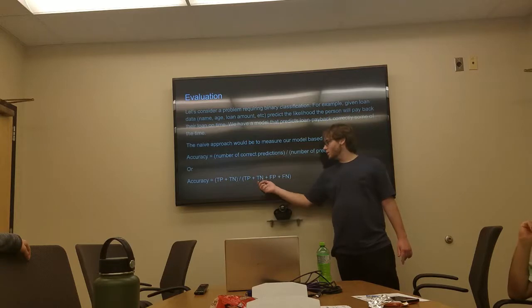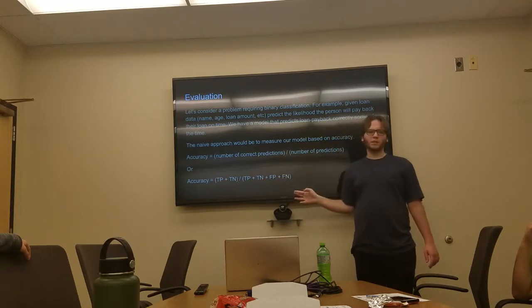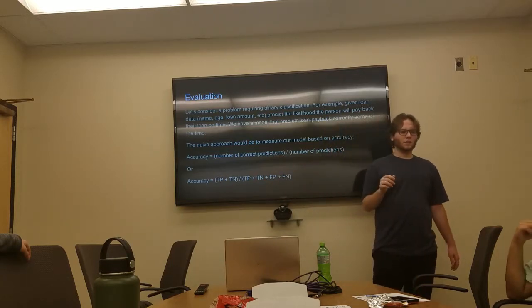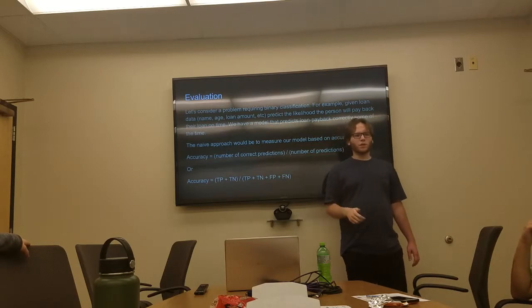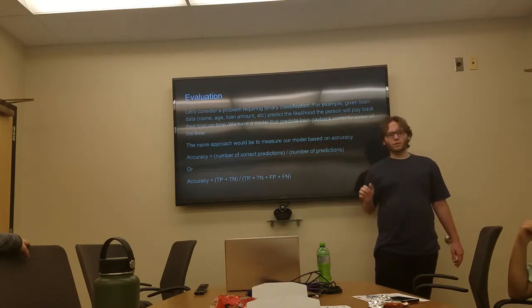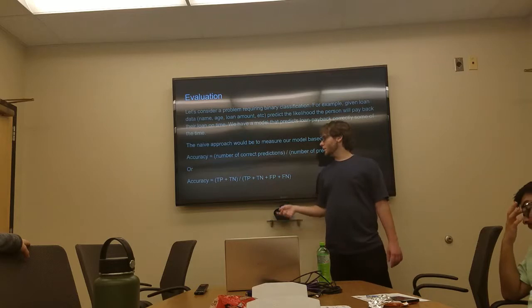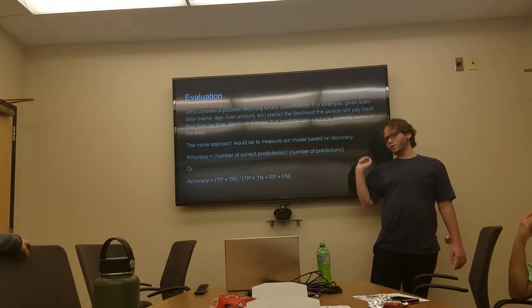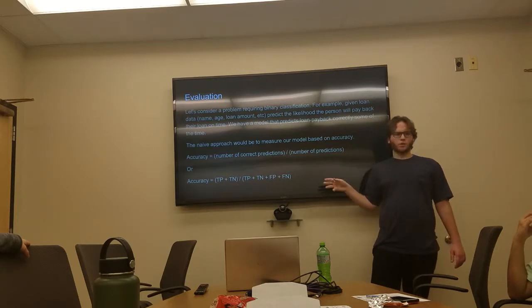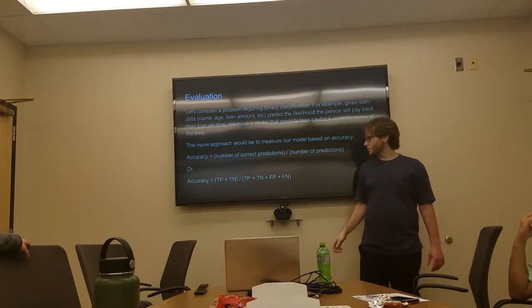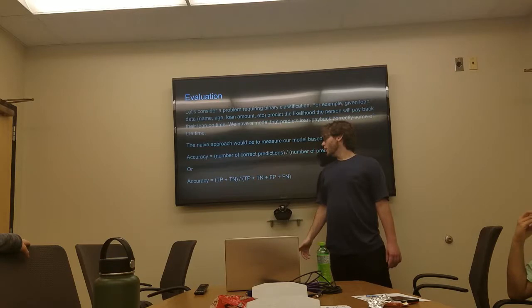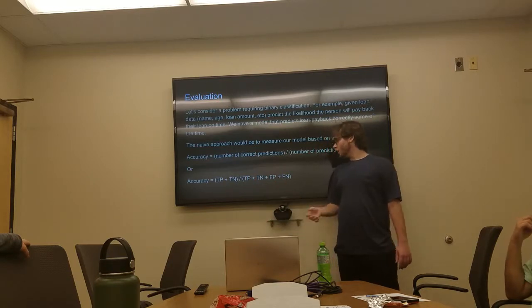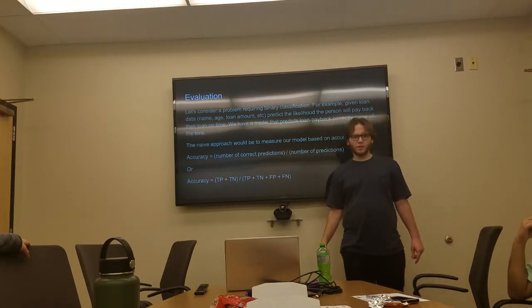Accuracy can also be described as number of true positives, true positives being how many things we said were one and were indeed one, plus number of true negatives, how many things we said were zero and were in fact zero, over everything. True positives, true negatives, false positives, false negatives.